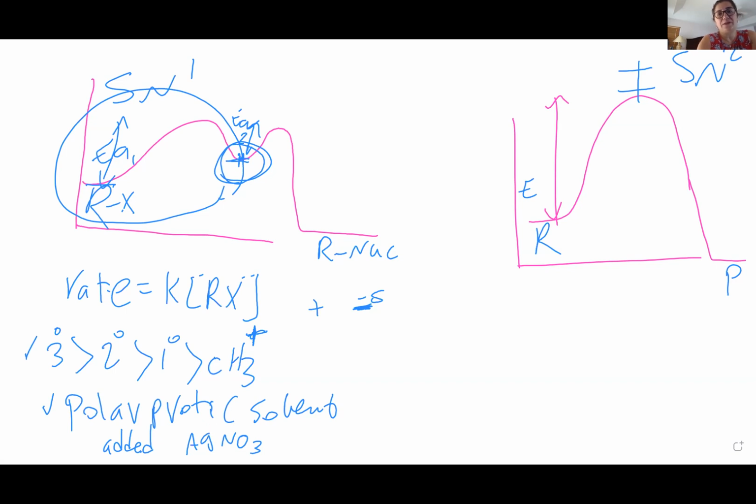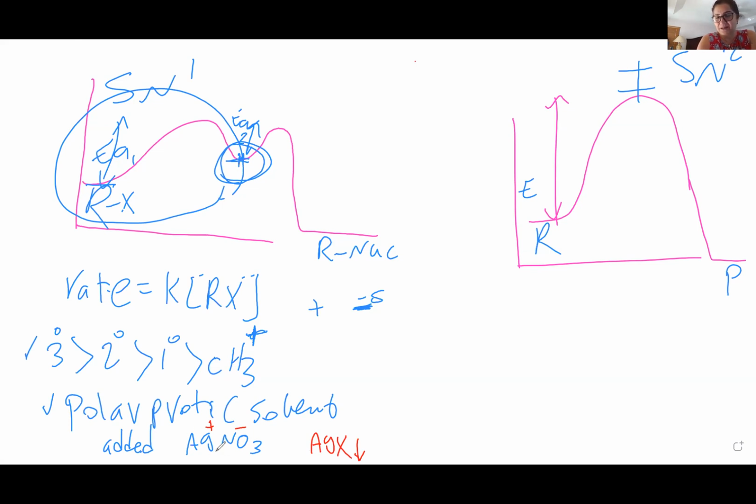When it leaves, it can form AgX, and AgX is a precipitate. Since AgX is a precipitate, it's going to come out of the equilibrium and make the carbocation form faster. And the nitrate, because silver nitrate is highly soluble, which is negatively charged, can stay around the carbocation and stabilize it.